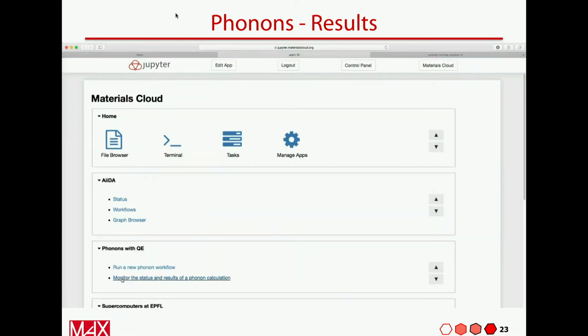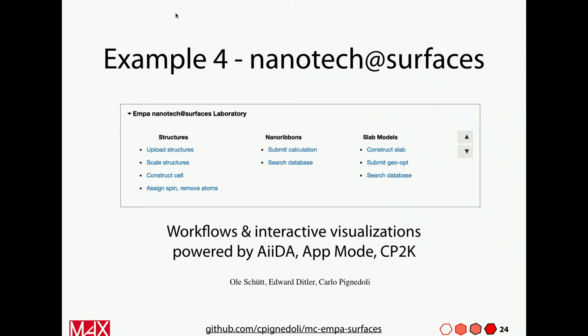I'll skip over the results because I want to show another example, which is from another group. This is from the Nanotech@Surfaces laboratory at EMPA in Switzerland. This laboratory is a mixed theoretical and experimental laboratory. And one of their main lines of research is the synthesis of atomically precise graphene nanoribbons.